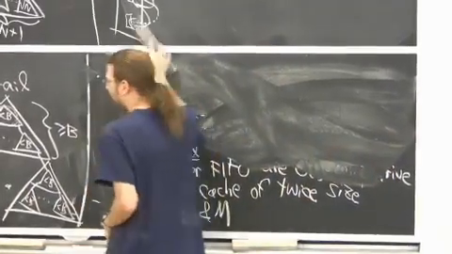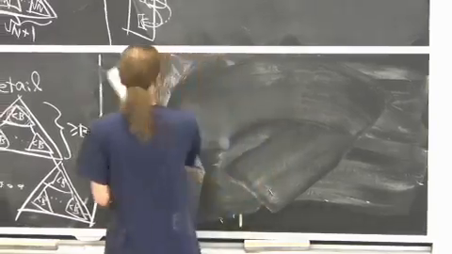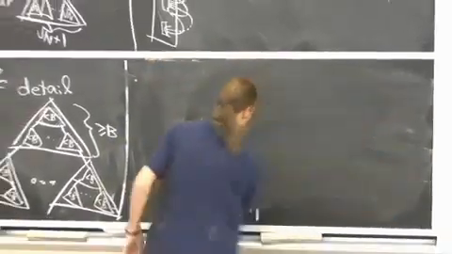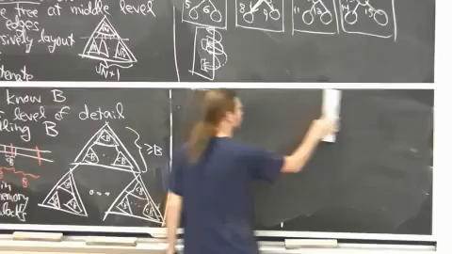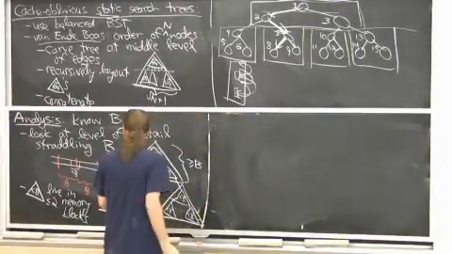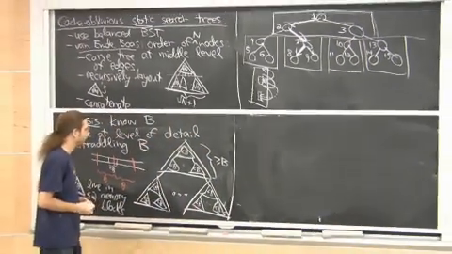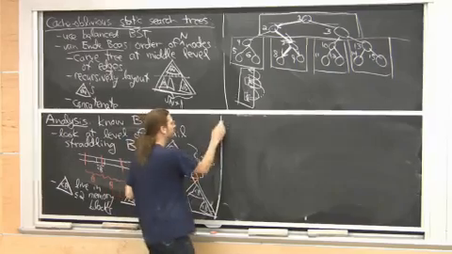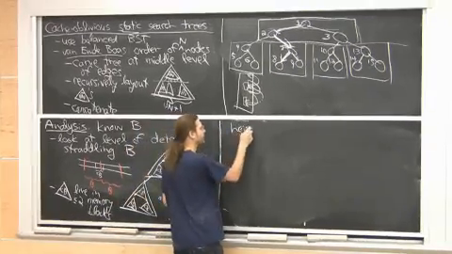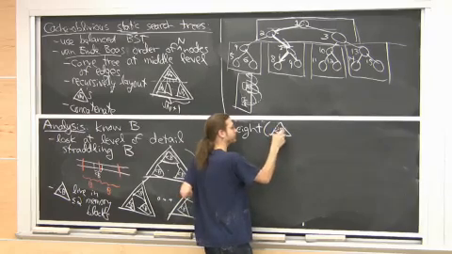So all that's left is to count how many of those little triangles we need to visit on a root to leaf path. I claim that's going to be log base B of N. So I guess the first question is, what is the height of one of these little triangles?